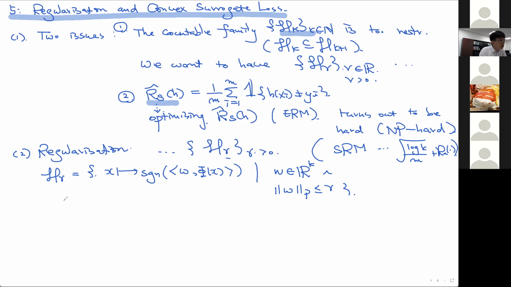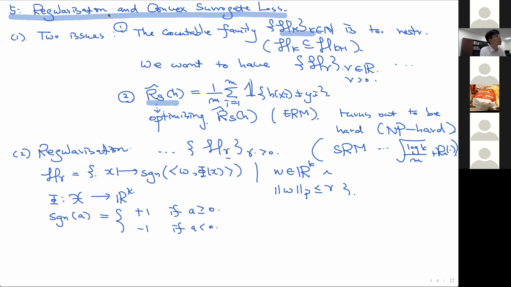There are a few things that I need to explain. The phi here is a map that takes input x and maps it to a vector in the k-dimensional space. The sign function of some value a returns +1 if a is non-negative, otherwise, if a is negative, it returns -1.